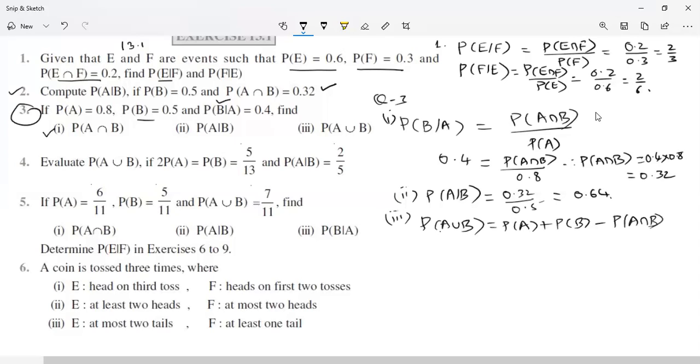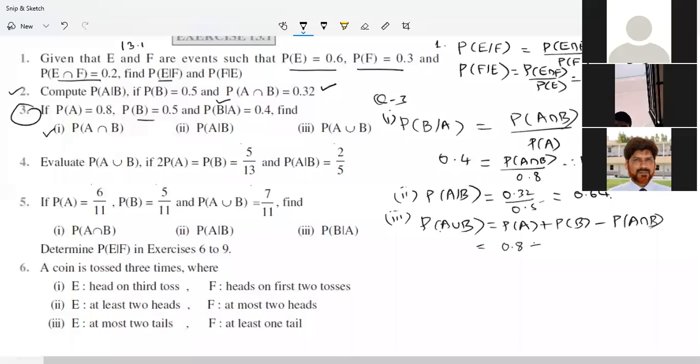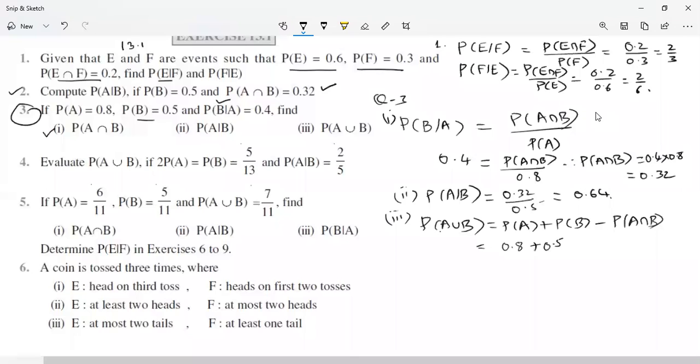So we can find it by using this formula. Probability of A is 0.8, probability of B is 0.5, and probability of A intersection B is 0.32. So this will be 0.98.